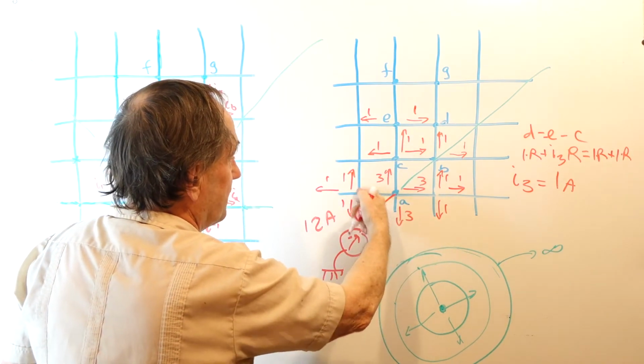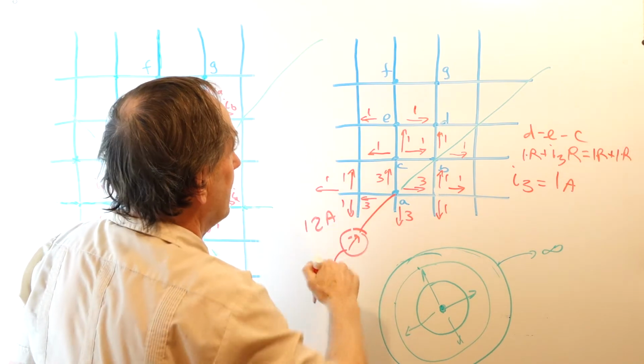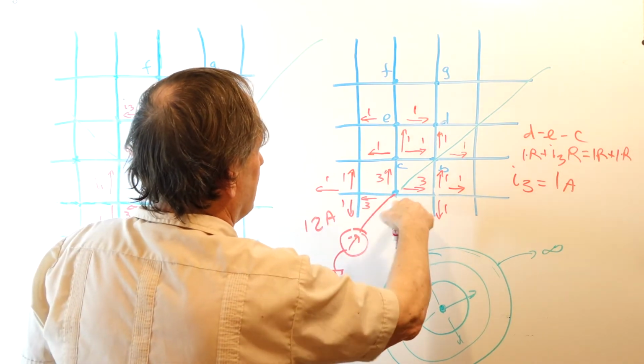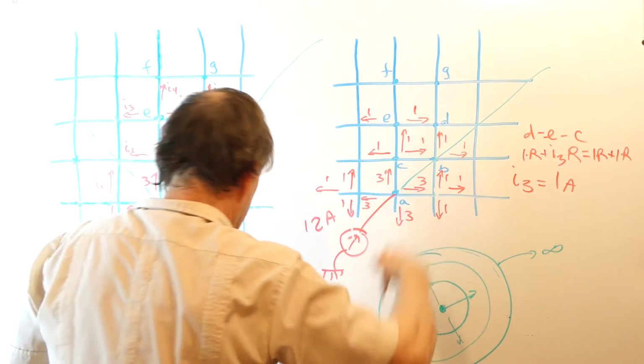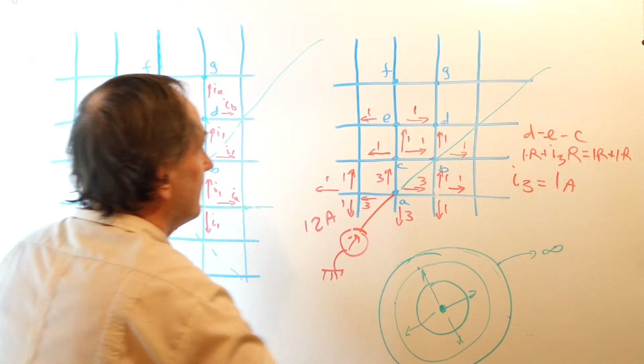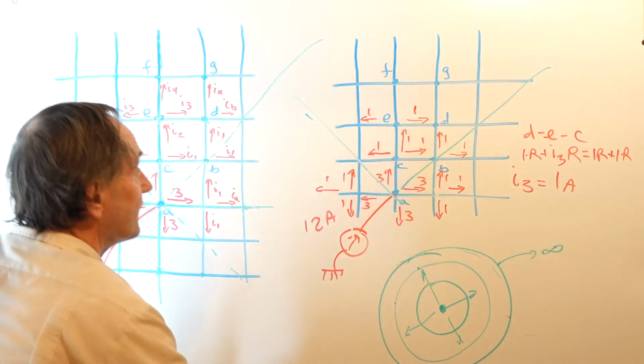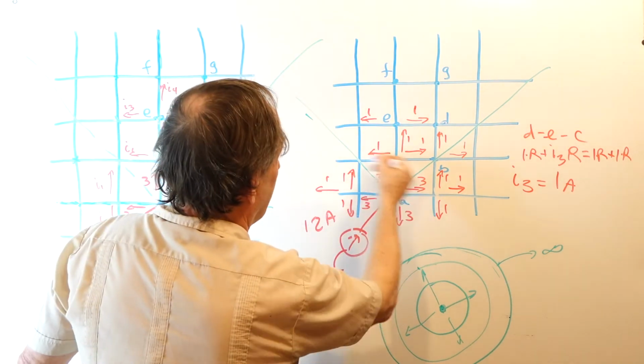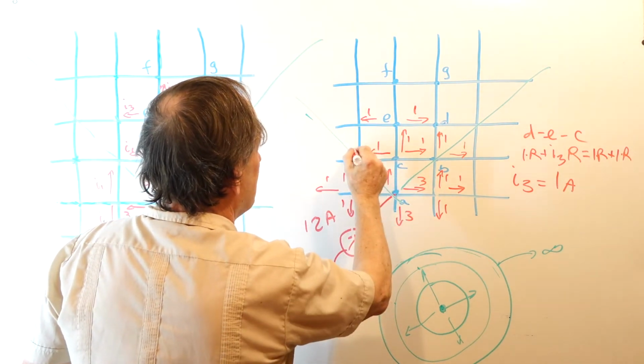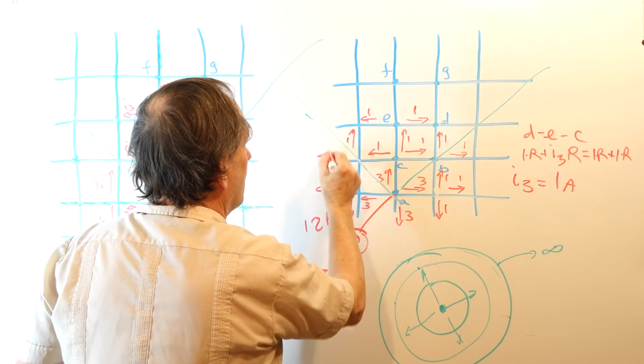We say that I3 is going to split evenly 3 different ways. And because this is a line of symmetry here, we know that 1 amp going in has to have 1 amp going out.